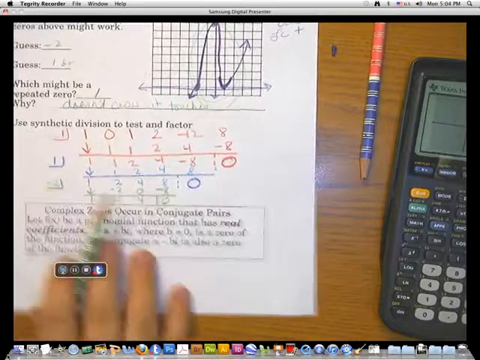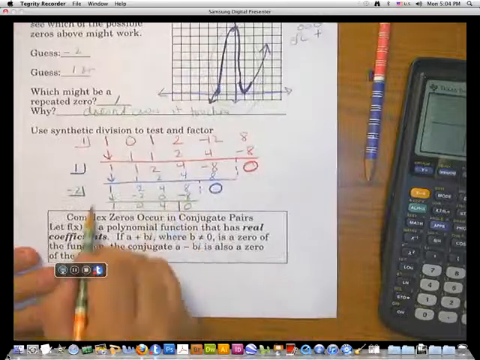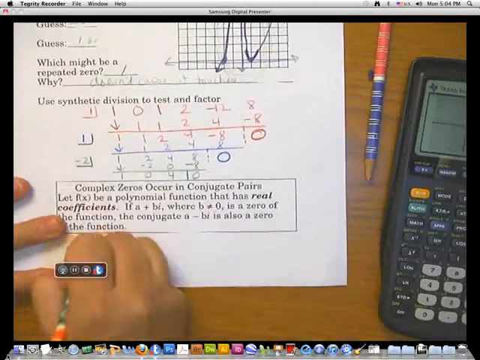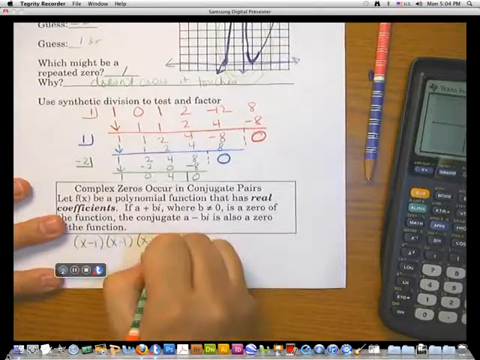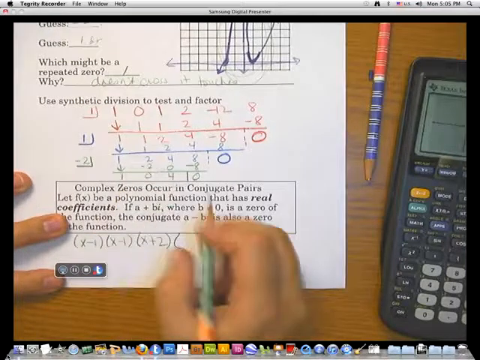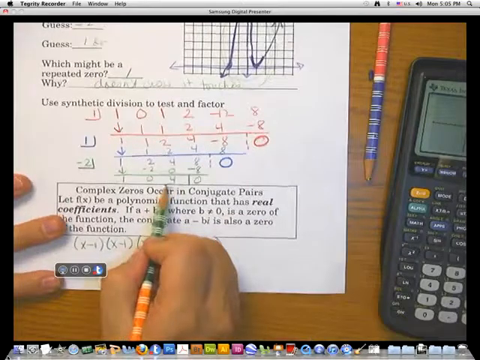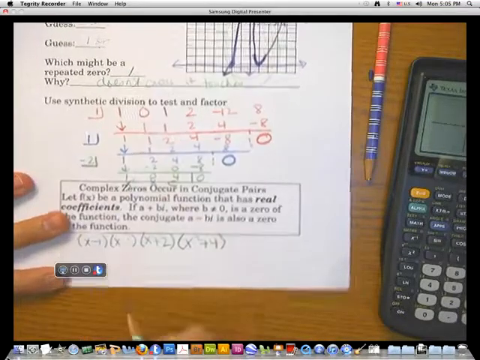So all of these were true. What we guessed was true. But we have this leftover piece. We know x minus 1 happened twice, and then our x plus 2 is a factor. Now the leftover is x squared plus 4, because that's our constant and single squared term.